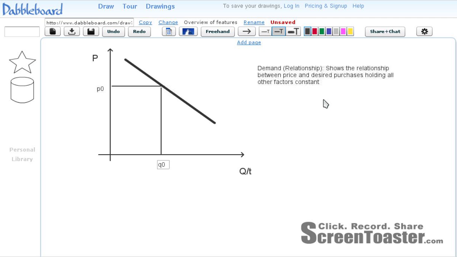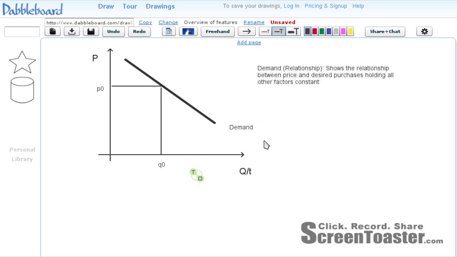how much you want to buy, desired purchases. Now the phrase I use there, desired purchases, is a little bit different from what you'll hear elsewhere. The more common term to use there is quantity demanded, but I find that people often get those confused. Just because you're dealing with demand and quantity demanded, they start to feel that it's almost the same thing. It's not.